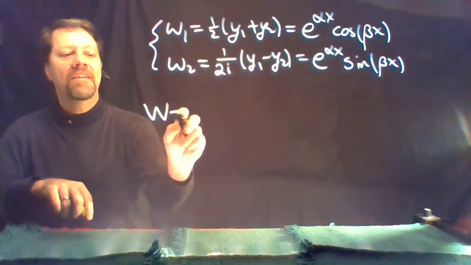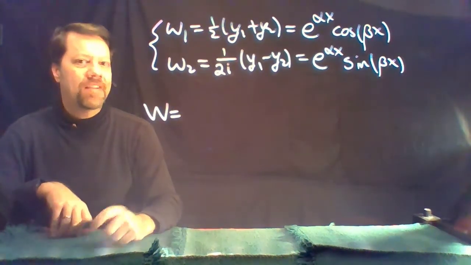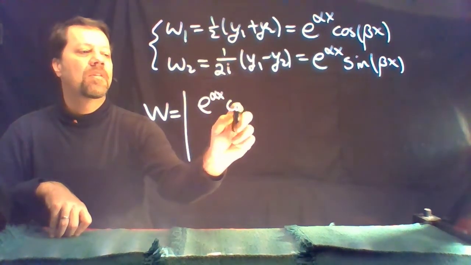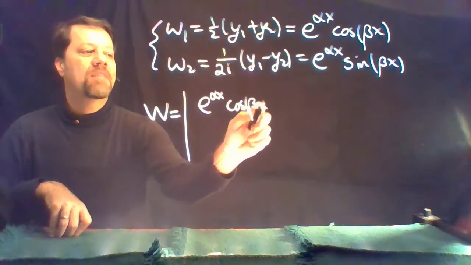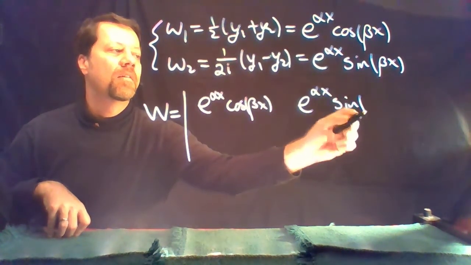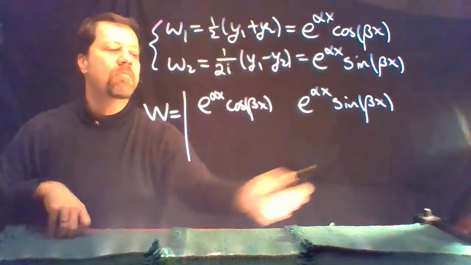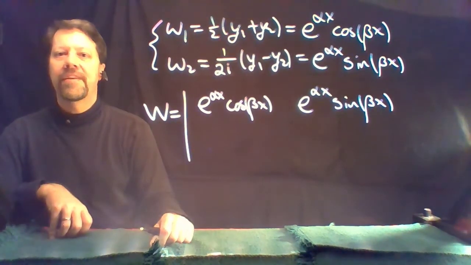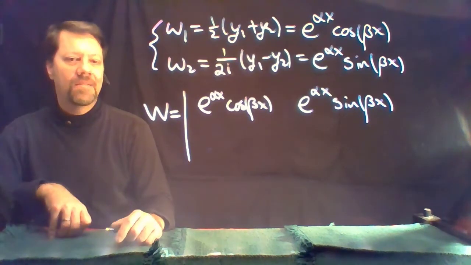To determine linear independence, we need to find the Wronskian. So we're going to have e to the alpha x cosine beta x and e to the alpha x sine beta x. On the second row, we're supposed to put the derivatives. Each of those will require a product rule.